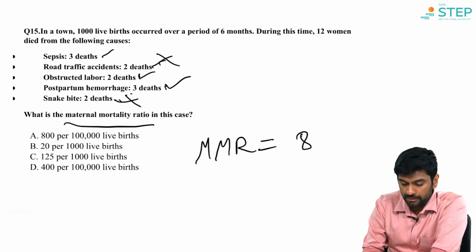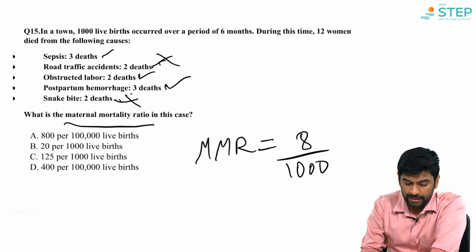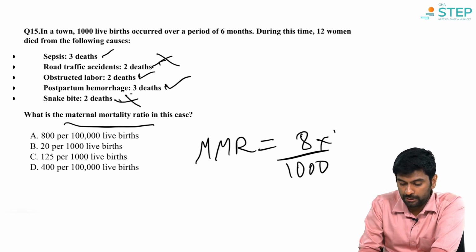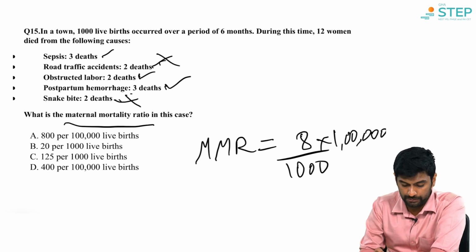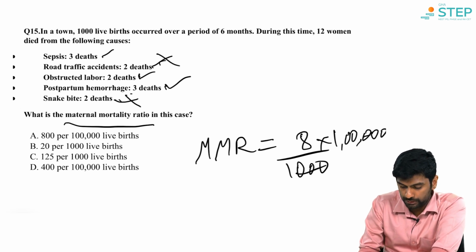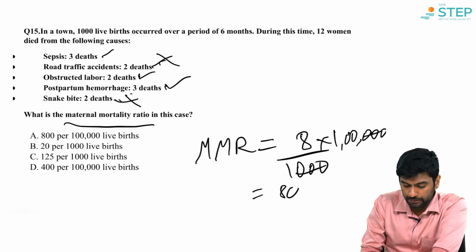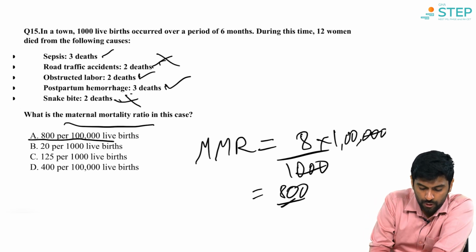That's going to be 8 divided by total number of live births is 1000, and it's going to be per 1 lakh live births. Per 1 lakh live births, correct? So you just cut out the zeros. So you're going to be getting 800, which is given as option A.